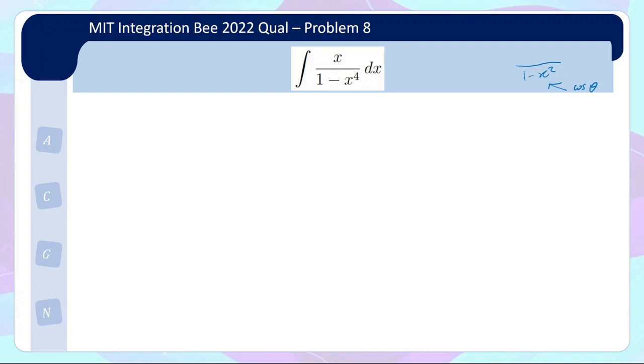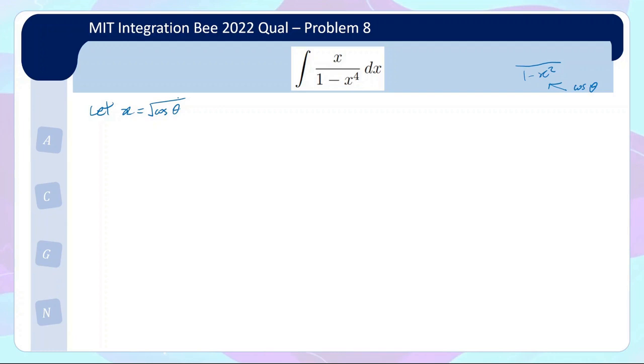But now you have x to the 4. So this should give you the idea to try let x equal the square root of cosine theta. So that 1 minus x to the 4 is 1 minus cos squared, which is sine squared.